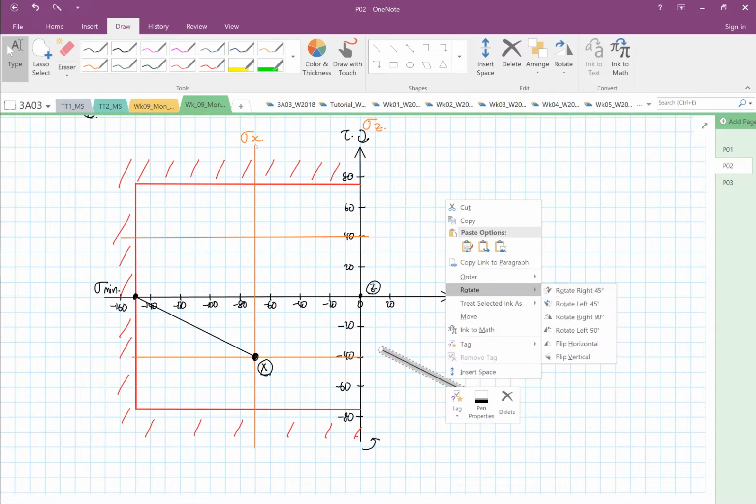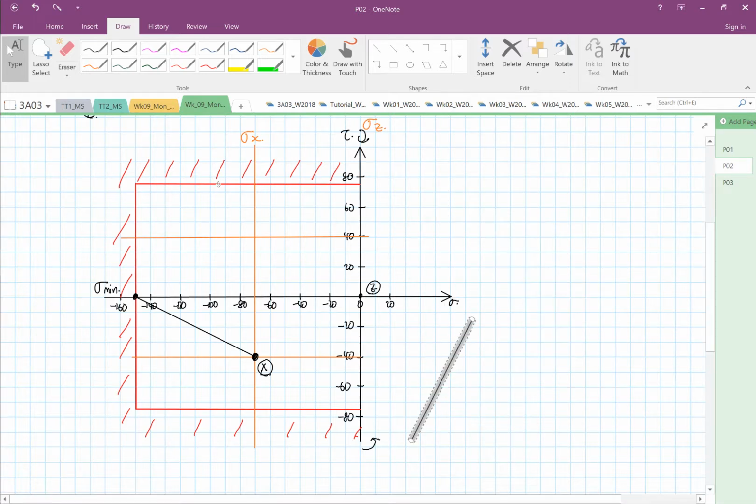So if I rotate this 90 degrees over here, this will be one of your principal stresses. So we need to find that value now.